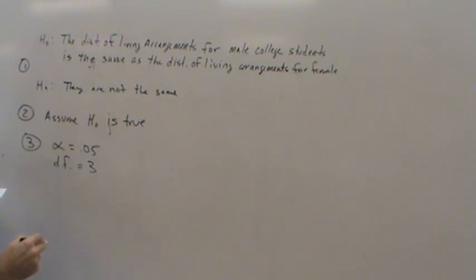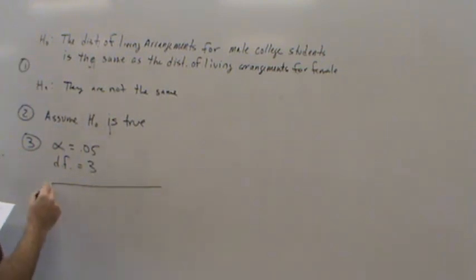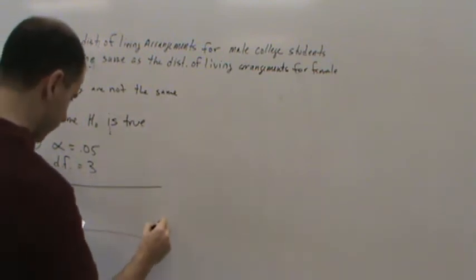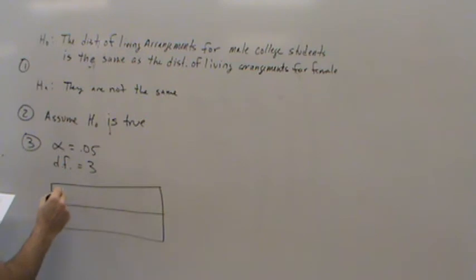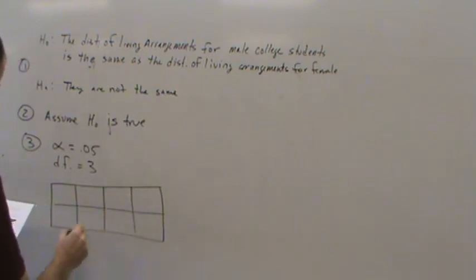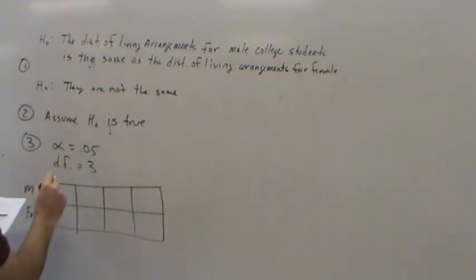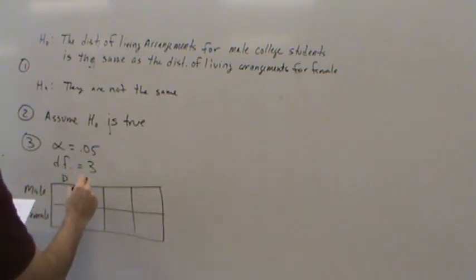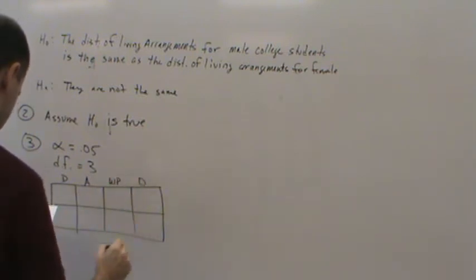Now, I'm going to write out the table since it's not that big. We've got male and female, and we've got dormitory, apartment, with parents, other.